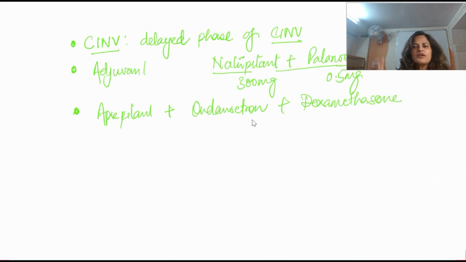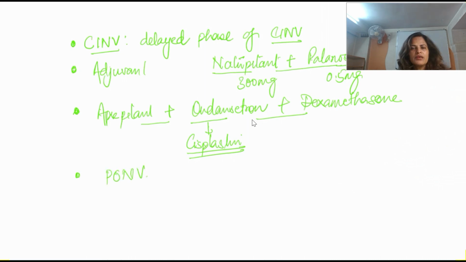So it can take care of the delayed phase of chemotherapy induced nausea and vomiting, especially even with a highly emetogenic drug, that is cisplatin. Another indication is that a single dose of aprepitant is as effective as ondansetron for post-operative nausea and vomiting.